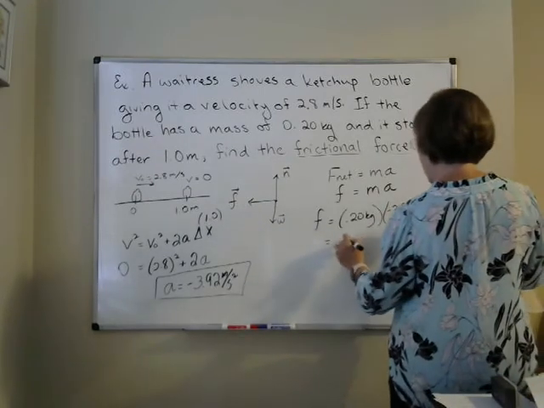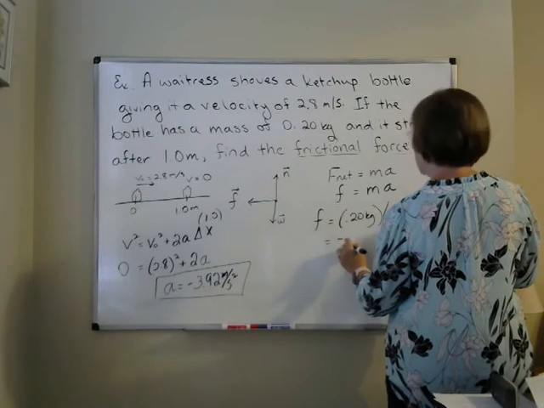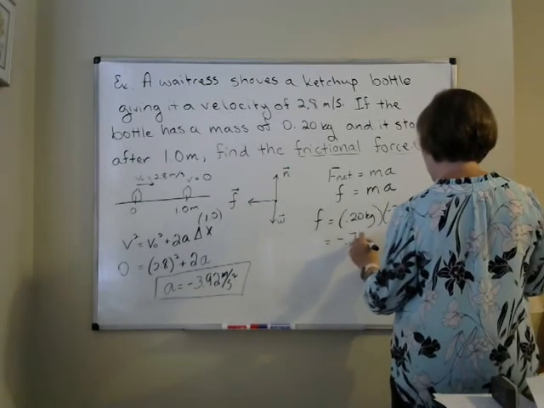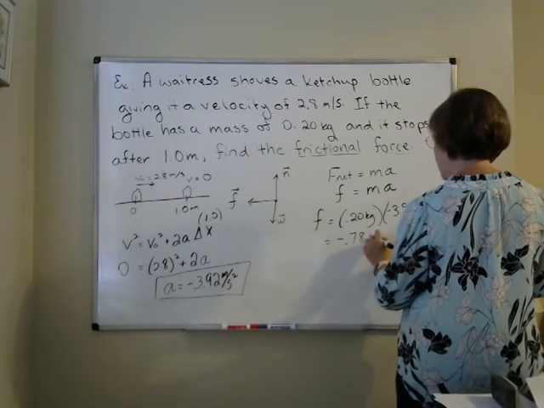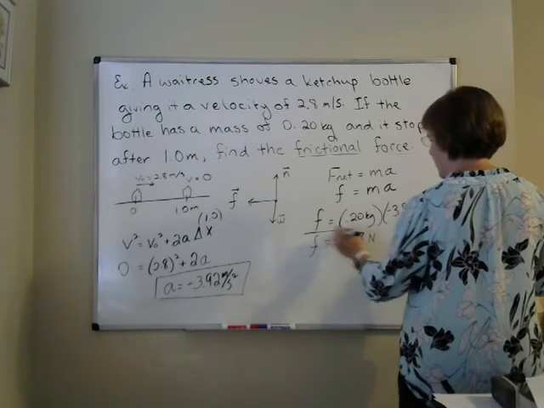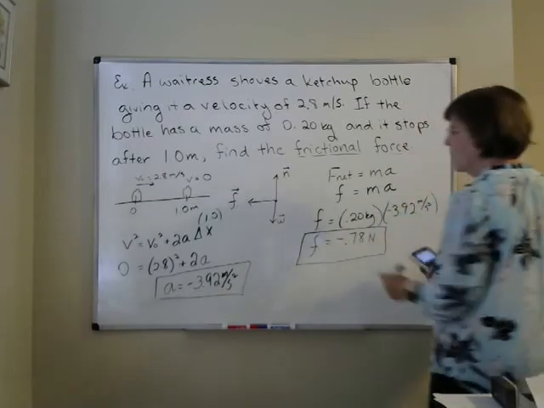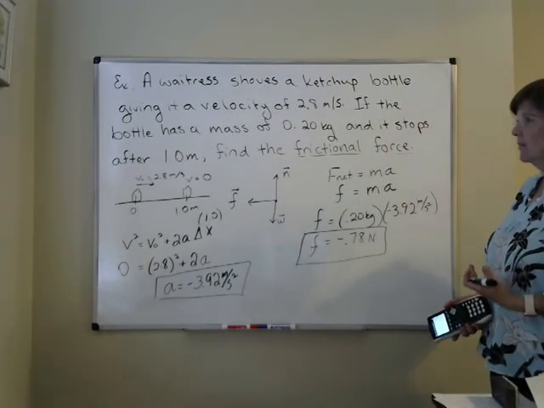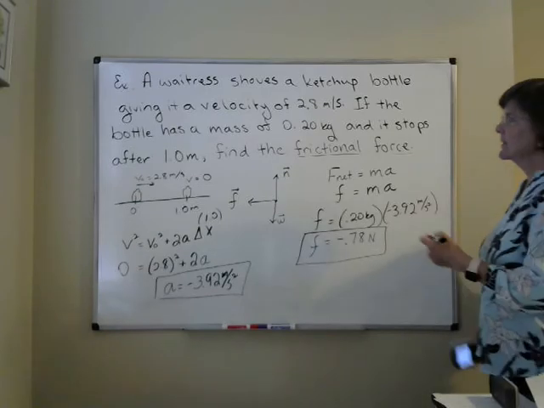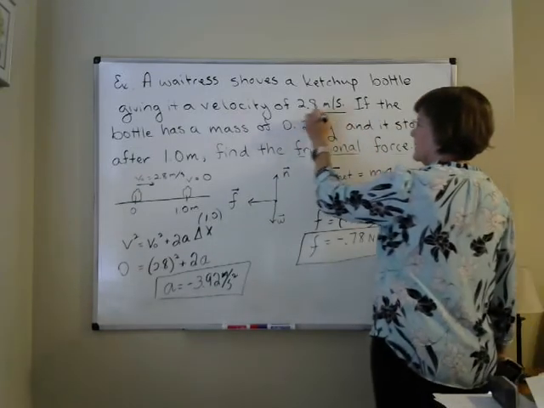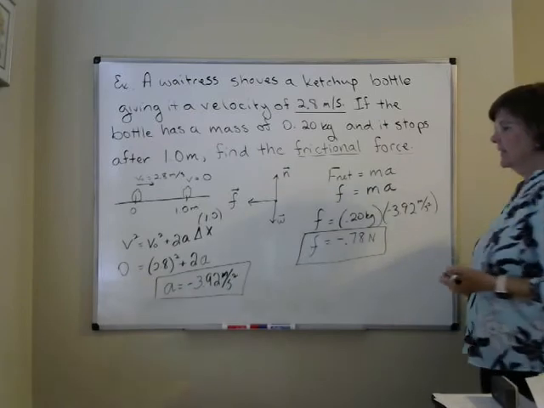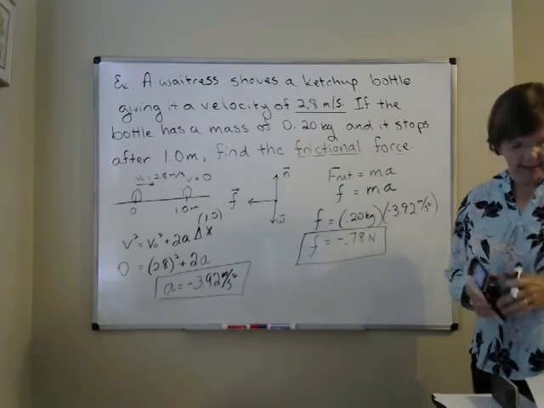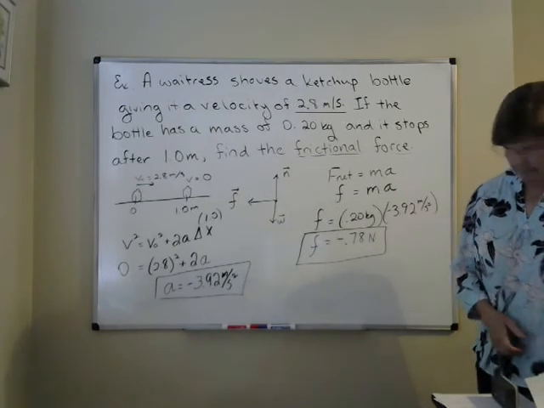We really only have two significant digits, so I'm going to keep negative 0.78 newtons. Now, all the negative means is that it's opposite the velocity. Since we said the velocity was positive, then the friction force is negative. It points in the opposite direction.